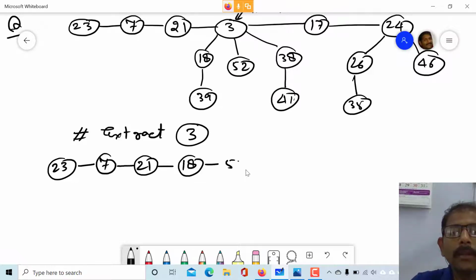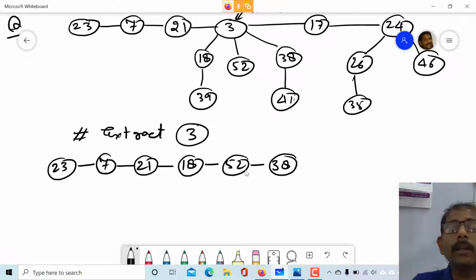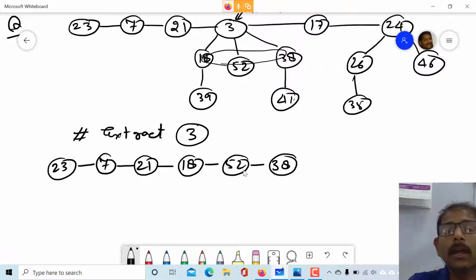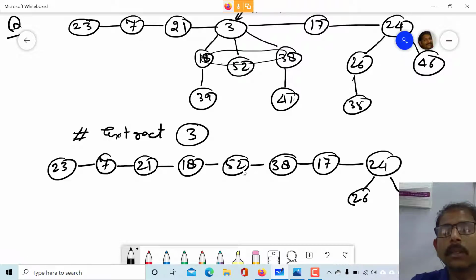I have already explained that the siblings are directly connected to each other, so there is no problem of how to connect 18, 52 and 38. They can be transferred directly to the root level, and after that 17 and 24 with 26 and 35, and this is 46.